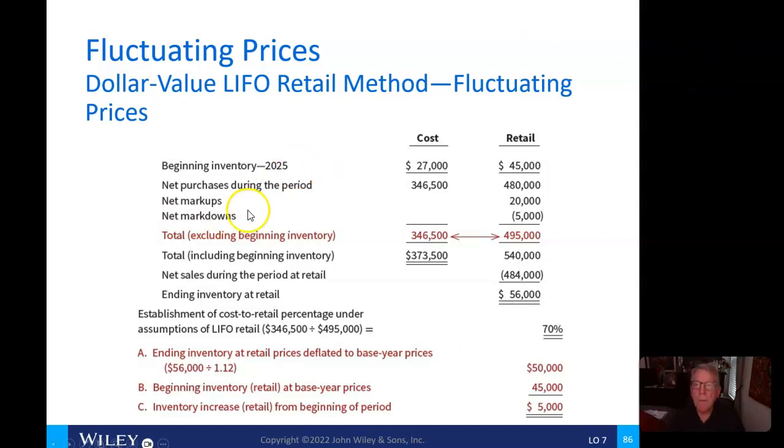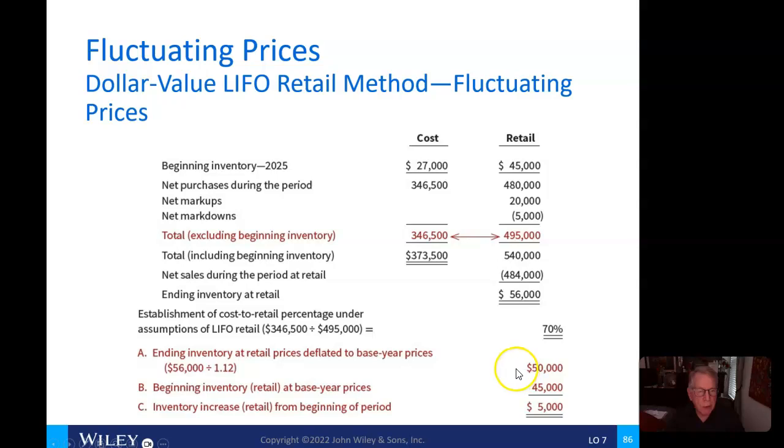Okay, so now my beginning inventory, here we go. Net purchases, same numbers as before. And now our 70%, same numbers as before. But the ending inventory at retail prices deflated to base year prices is this 56,000 divided by 1.12, 1 plus 12%.